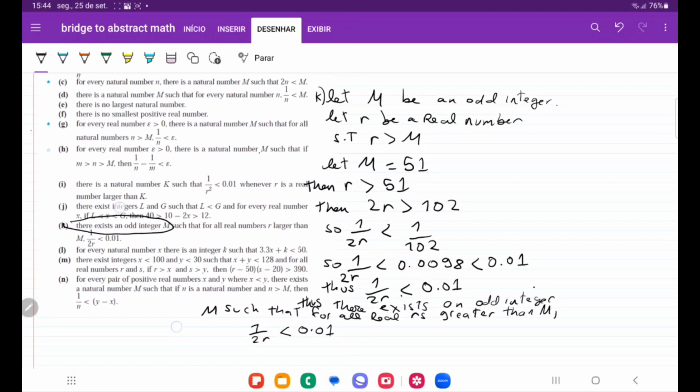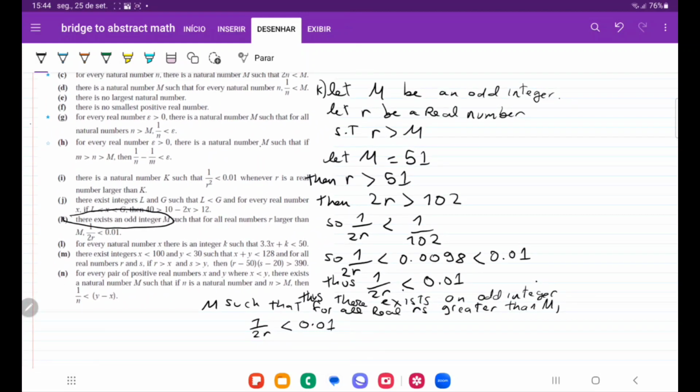And we have shown that this is true when we choose that m is equal to 51. So that is it for item K.